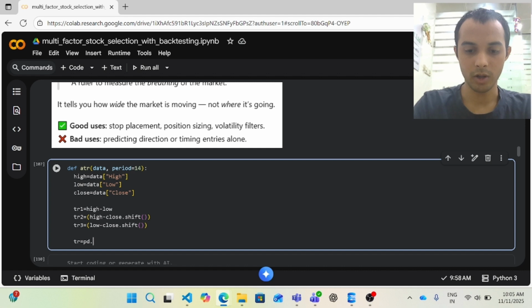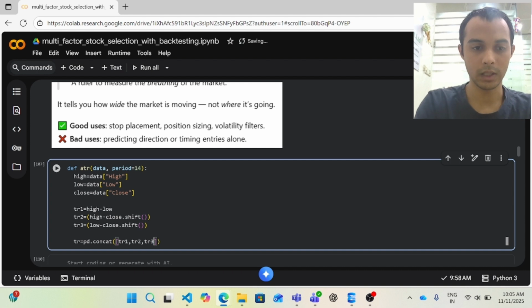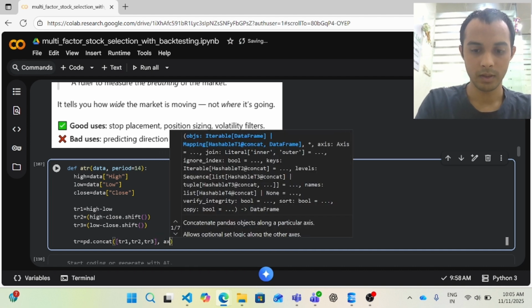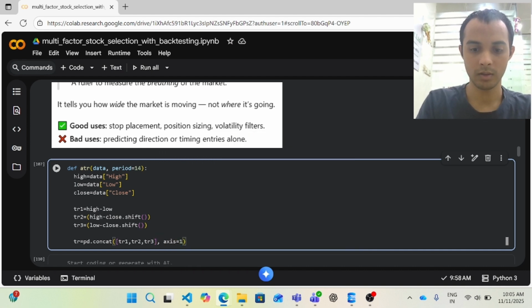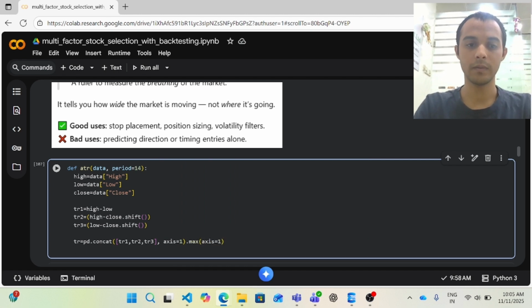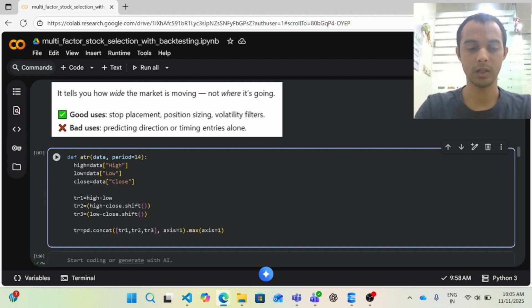So pd.concat of TR1, TR2, TR3, axis 1, dot max, axis 1. So here we will get the max out of our formula, and then we will find its ATR, which is TR dot rolling.